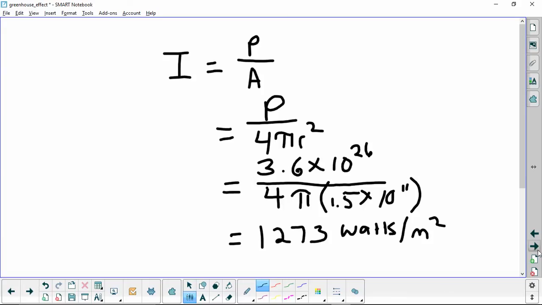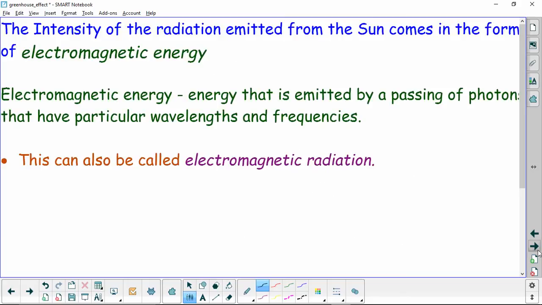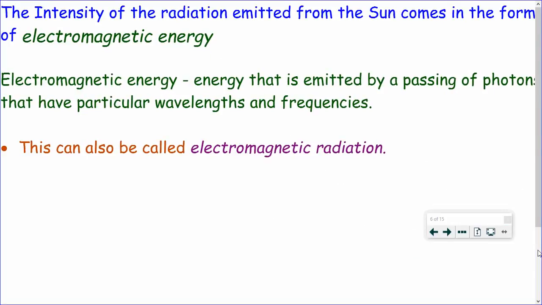So what type of energy is leaving the sun and actually hitting our planet? Electromagnetic energy. Electromagnetic energy is also referred to as electromagnetic radiation. It's defined as energy that is emitted by a passing of photons that have particular wavelengths and frequencies. Photons are incredible little particles that are a cross between something that is matter and something that is pure energy.